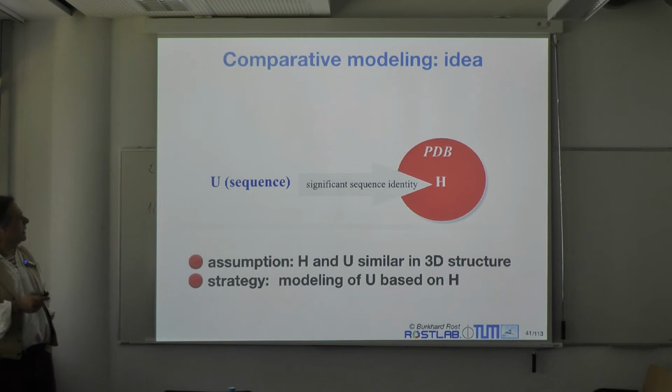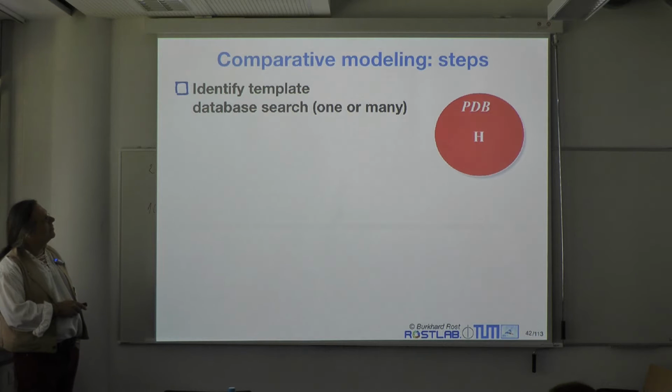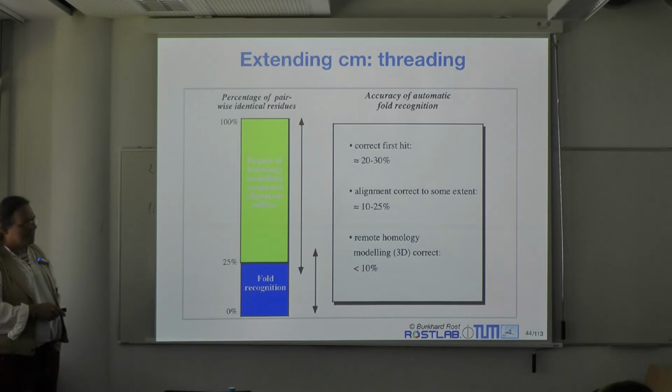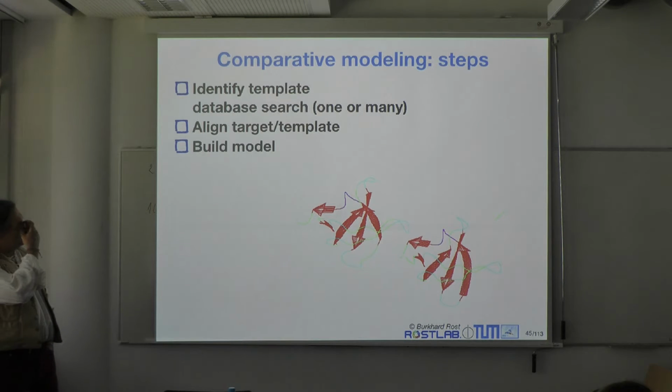How do I do that? Well, standard blast, depending on the similarity, I simply find the closest hit, pairwise blast, or more. Then I have to align. Align makes some mistakes. These mistakes cannot really be corrected. Then I build a model. How do I build a model?